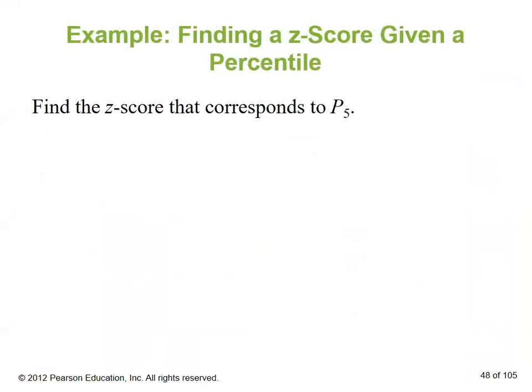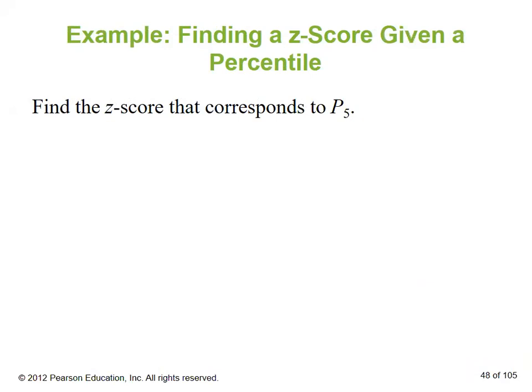If we wanted to find a z-score given a percentile, okay? A percentile means out of how many? Like if you scored in the 89th percentile on the SAT test, then that means that you scored better than 89 people out of 100. All right, percentiles are always in hundreds.